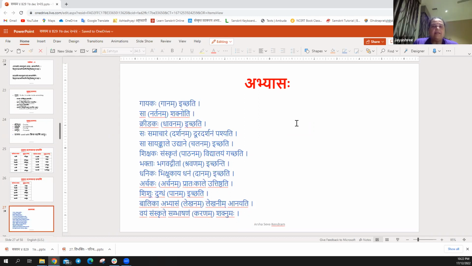Pran Mahodaya, what is the translation? He is watching. No, I cannot do the pashyati with the drashtum because that's to watch also, right? But why are we saying drashtum? Samacharam drashtum duradarshanam pashyati.